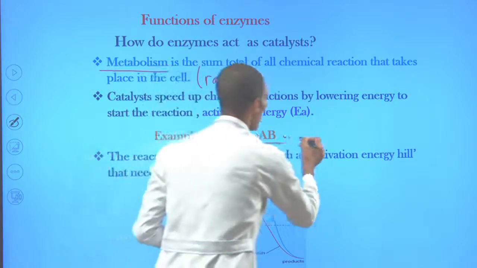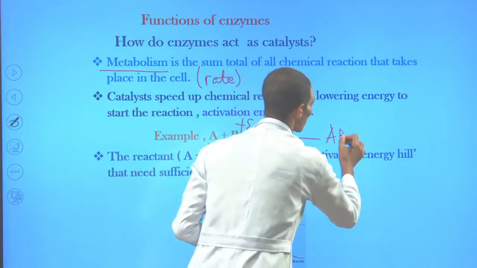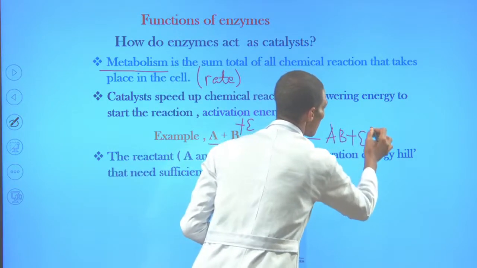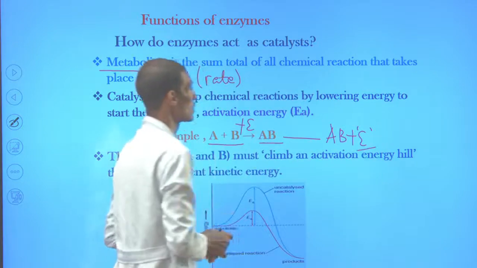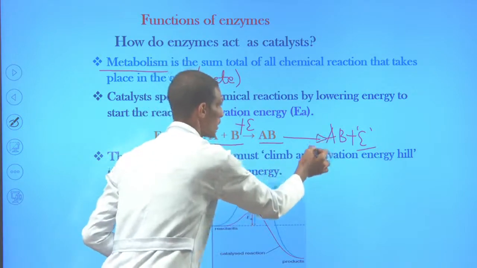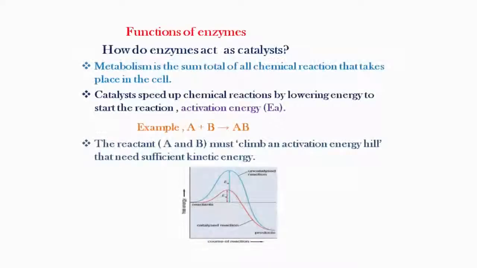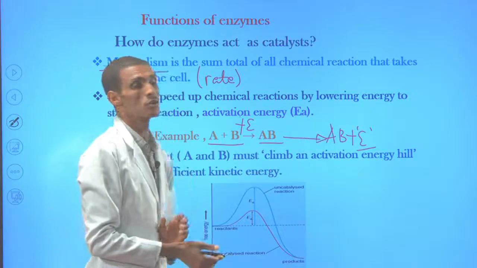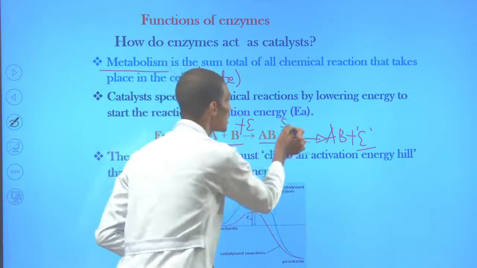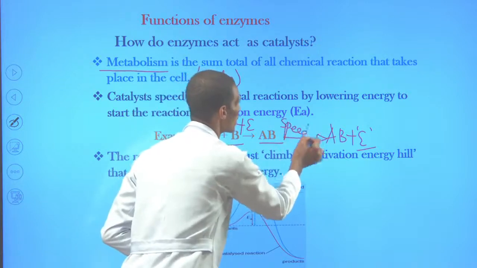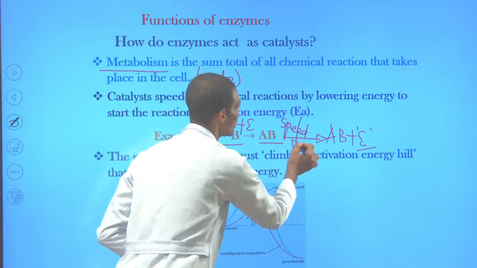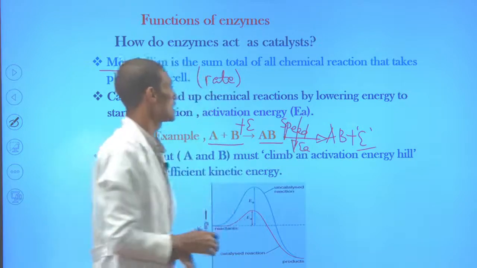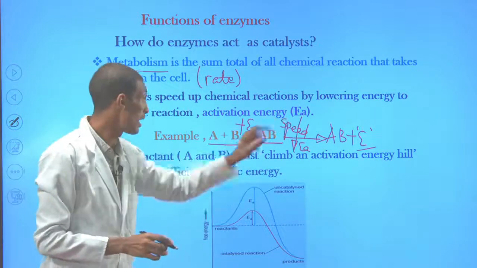So here, it forms the product AB plus the enzyme. The enzyme is not changed at the end of the reaction. The enzyme does not affect the direction of the reaction. The enzyme itself is not changed. The type of product is not changed. The only thing is that it can speed up the rate by lowering activation energy.